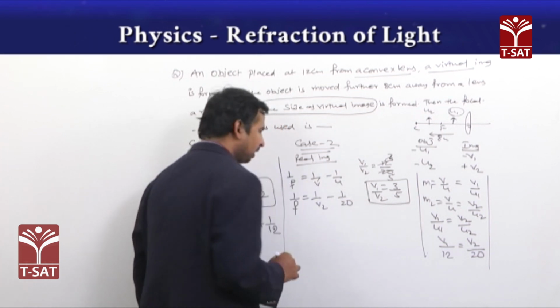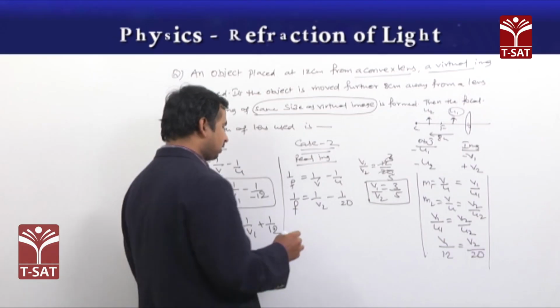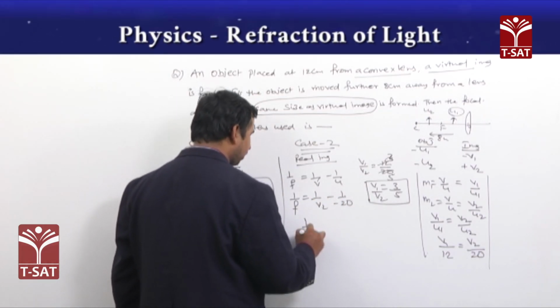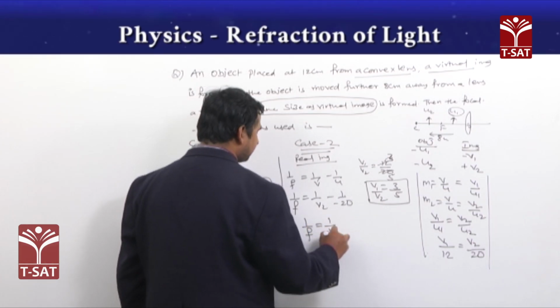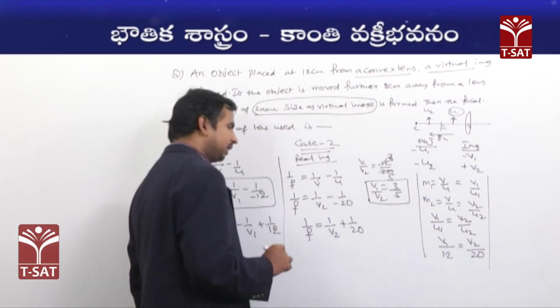As it forms a real image, the object distance is taken as negative as usual, but the image distance is positive. So 1 by F is equal to 1 by V2 minus of minus, plus 1 by 20.